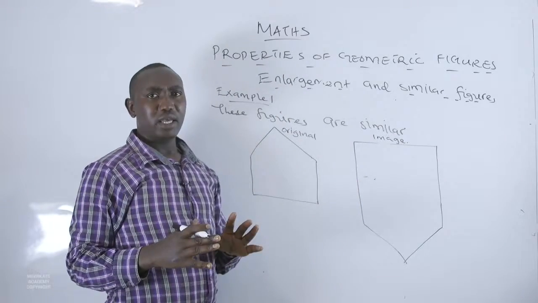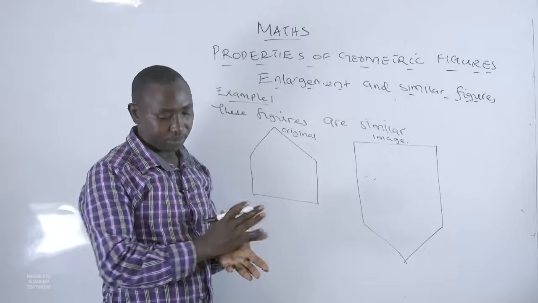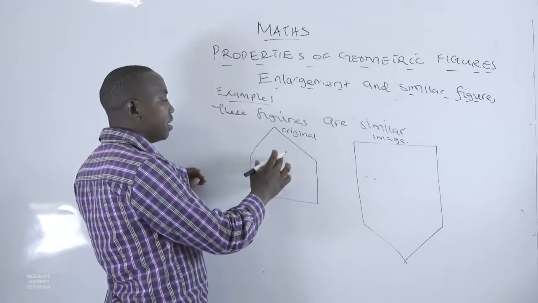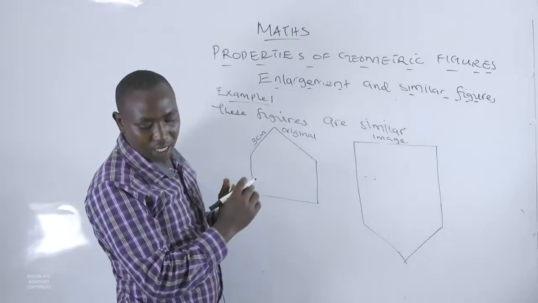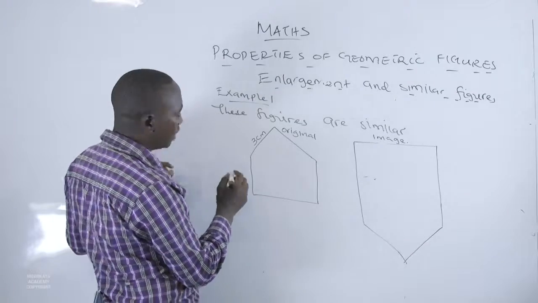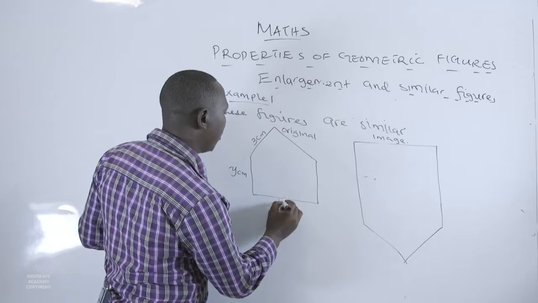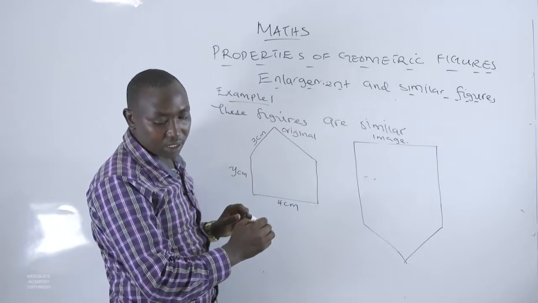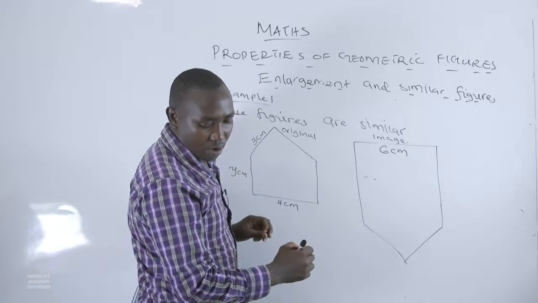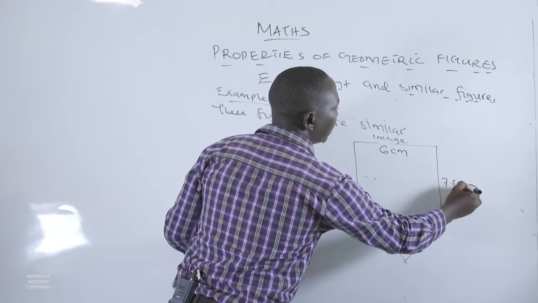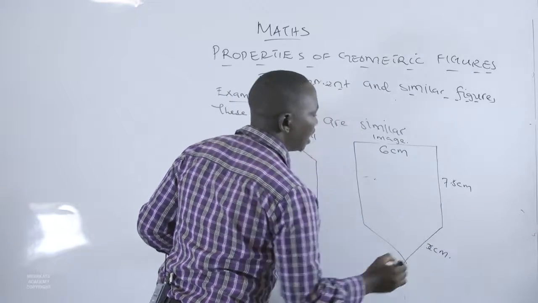From here you can see that the image is much bigger than the object. Now on the image, this side is 3 centimeters, this side is Y centimeters, this is 4 centimeters. For the other one, this is 6 centimeters, this is 7.5 centimeters, and this is X centimeters.